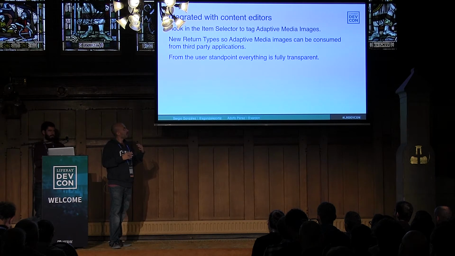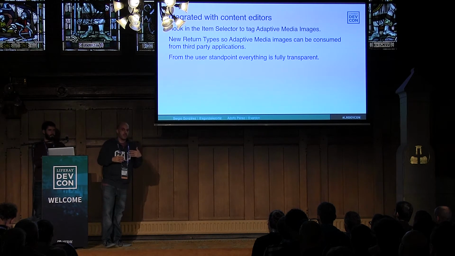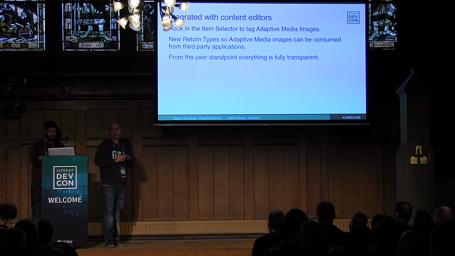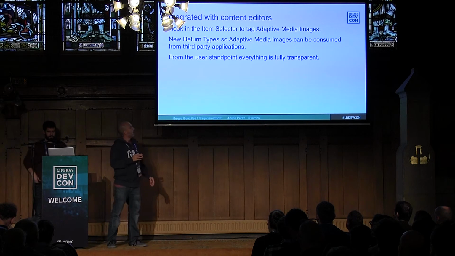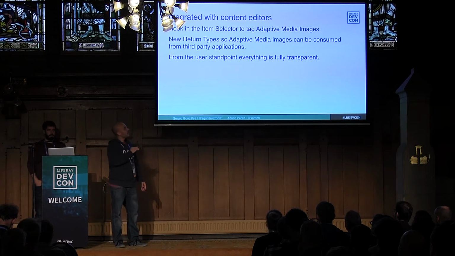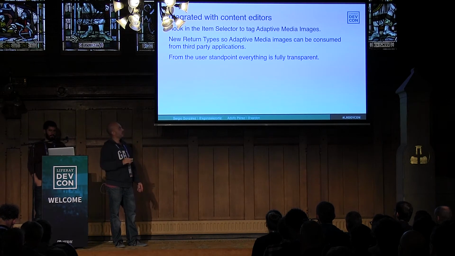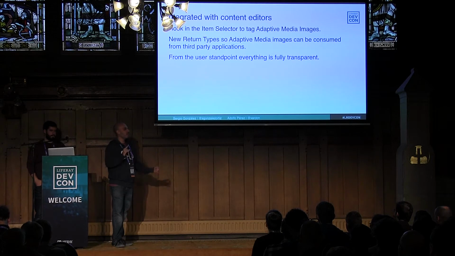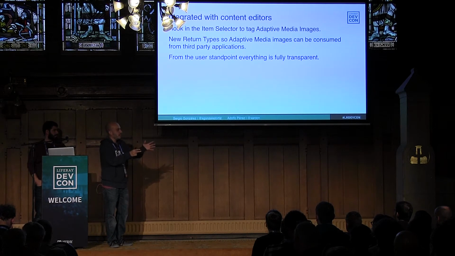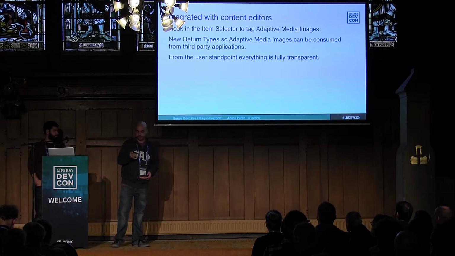And the good thing about this is that if you use item selector in your own developments, you get this for free. You can use adaptive media without having to worry about anything. And also, as you've seen, everything is absolutely transparent for the end user, the user creating the content. He doesn't have to know HTML. He doesn't have to do anything other than selecting an image.